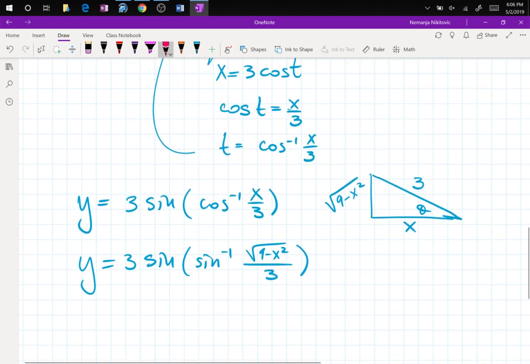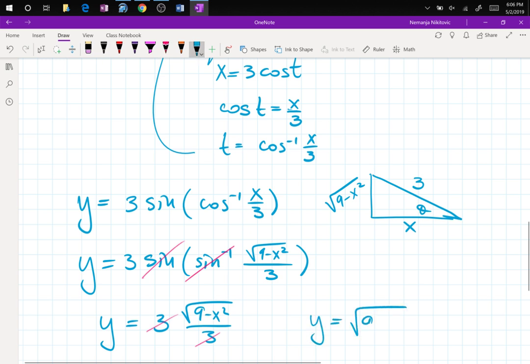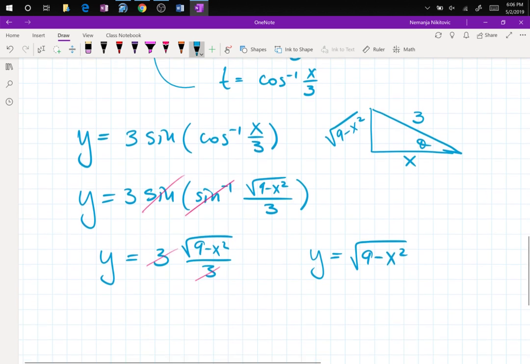The sine and inverse sine cancel, and what you have is y equals 3 times the square root of 9 minus x squared over 3. Well, the 3s cancel, and we have y equals the square root of 9 minus x squared.